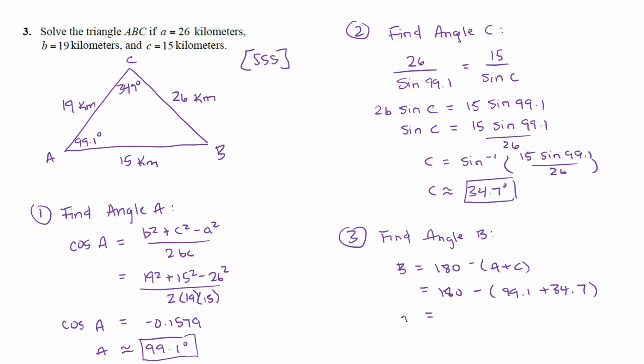So B approximately equals 46.2 degrees. Okay. And so that was our missing piece. All right. And so we have all of our missing angles. Awesome. Let's do one more.